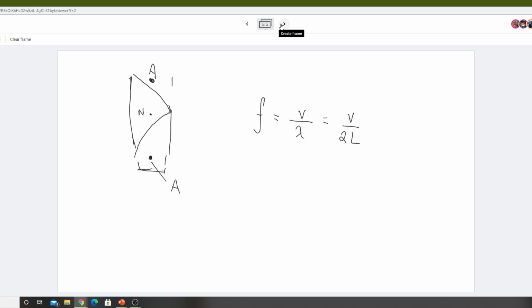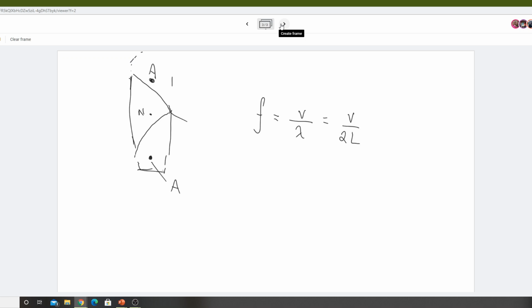You need a crest and a trough. This only gives you one of those, so this is either a crest or trough, however you want to take it. There's going to be a remaining part which should be completed, and that should be the what? The remaining part of the wave. So your wavelength is going to be twice the length of this organ here, right? And that's your fundamental frequency.